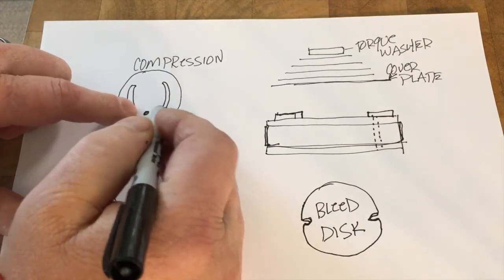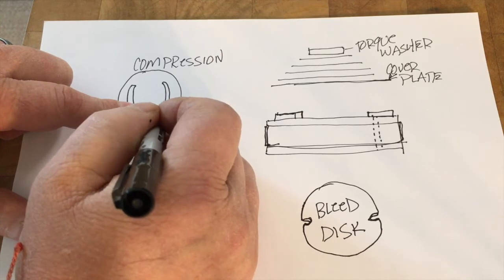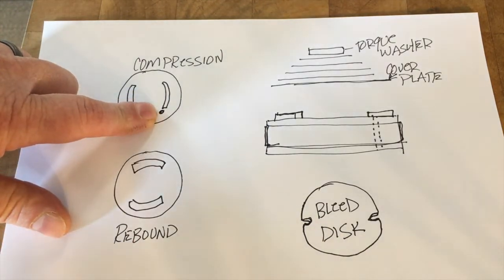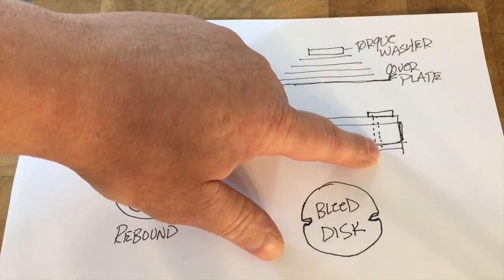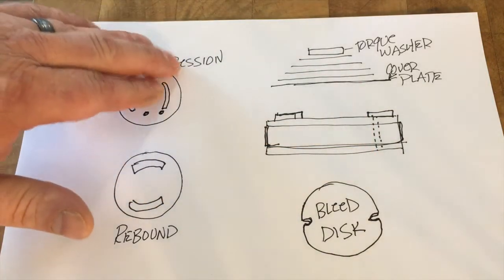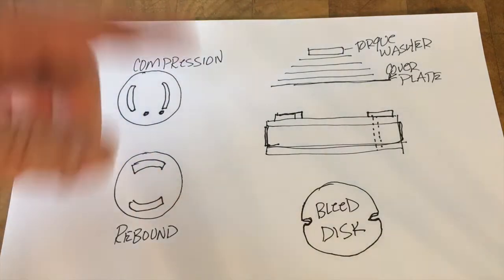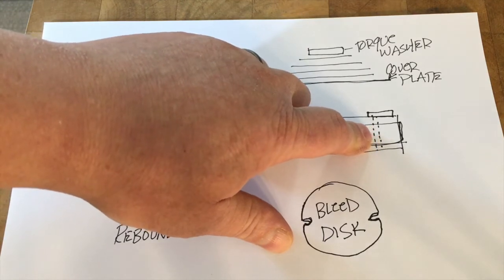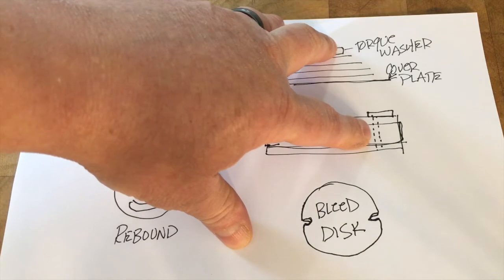Sometimes it's in the rebound area, but it'll probably be separated between the compression and the rebound, over here someplace maybe. And the oil flow will go through the piston independently of what you have for a valve stack in the compression or the rebound side. It just flows back and forth. These vary in different sizes, real big to real small. The bigger, of course, the more oil goes through there.